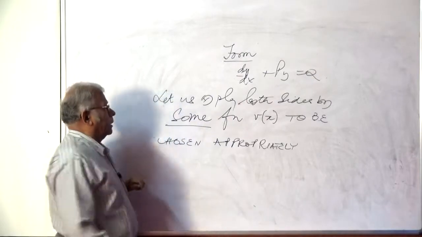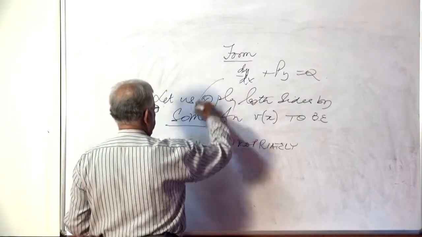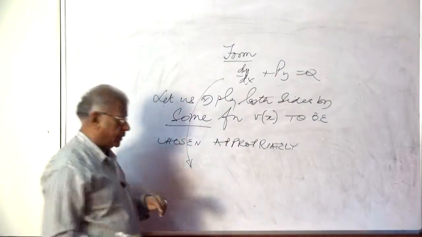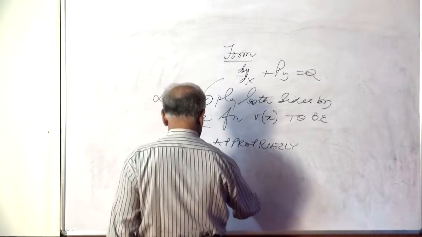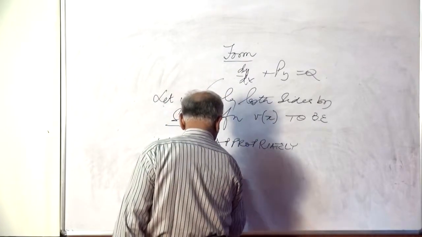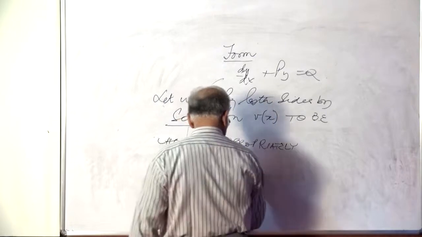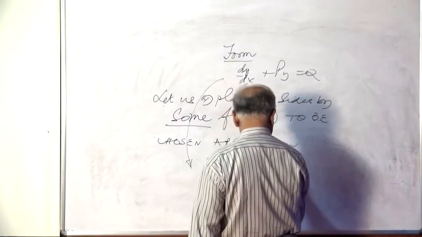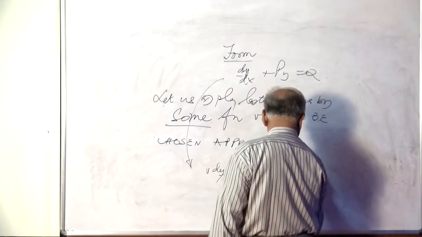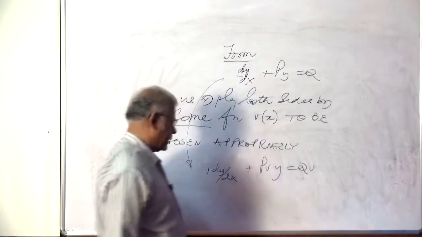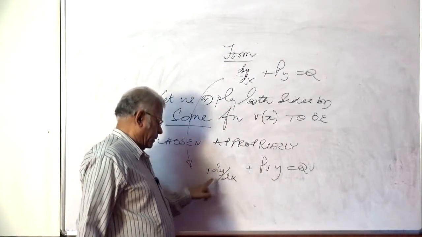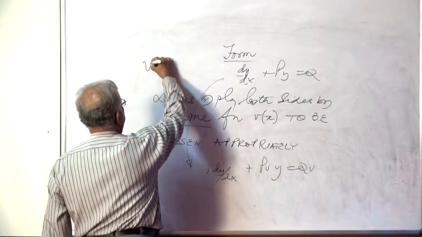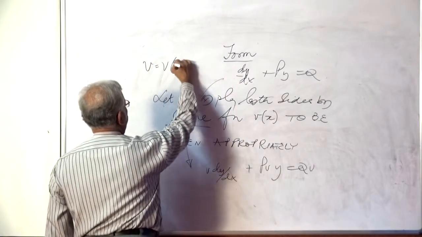So, having said that, if we multiply by V(x) and write only V for V(x), then we get V dy/dx plus P V into y is equal to Q V, where, as we said, V is actually V(x). So we reiterate that V is equal to a function of x.